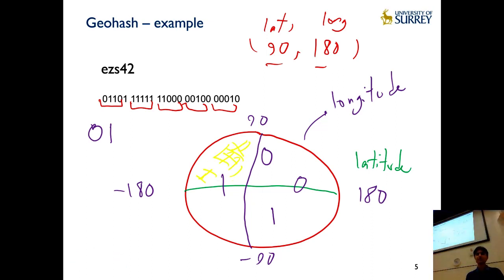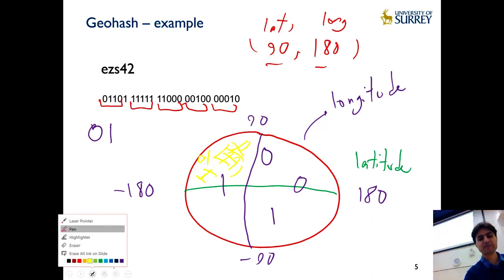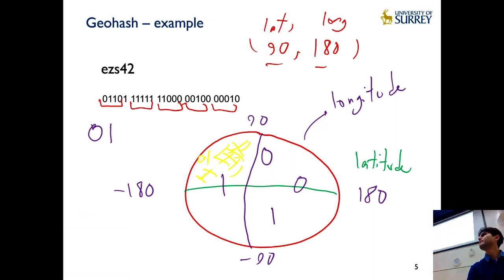If I say something is in 1, 1, where is it going to be? This is 0, 1. Where will the 1, 1 be? This is the 1, 1 area, right? No, 1 left. Oh, sorry. That's correct. This will be the 1, 1 area.